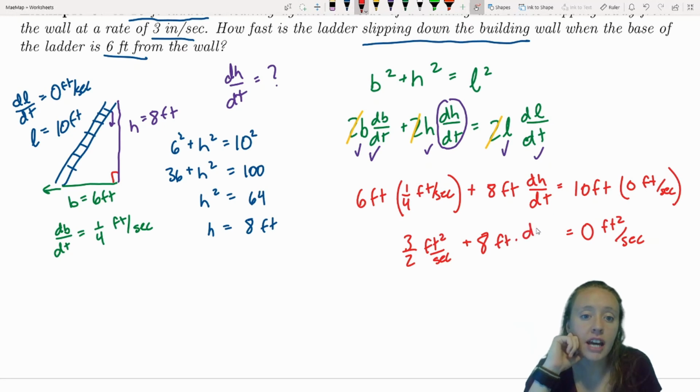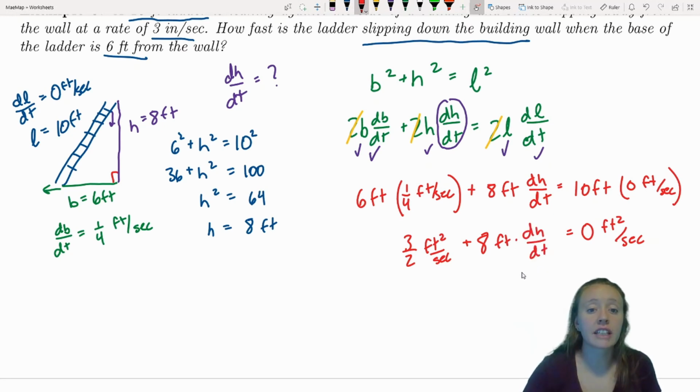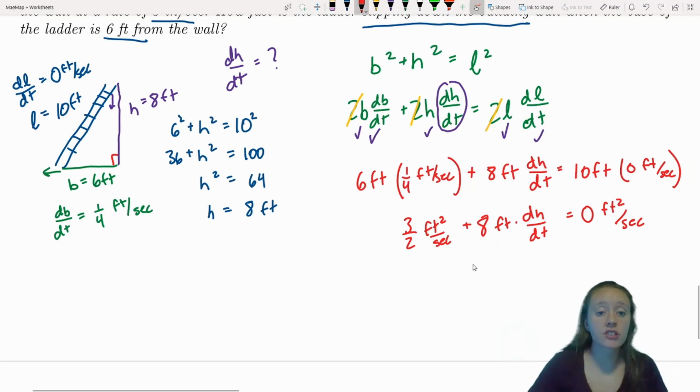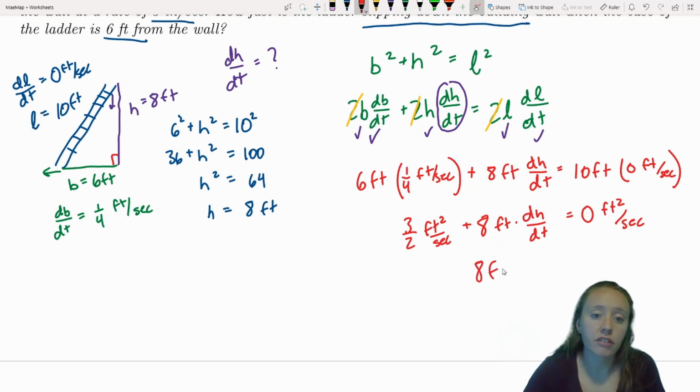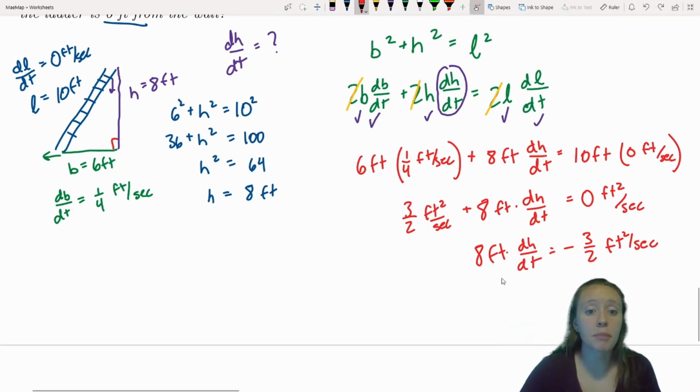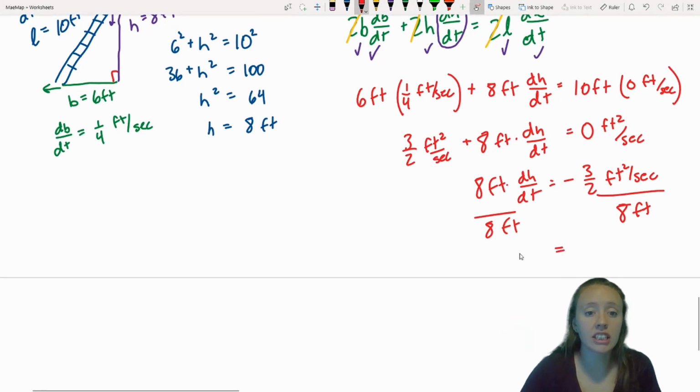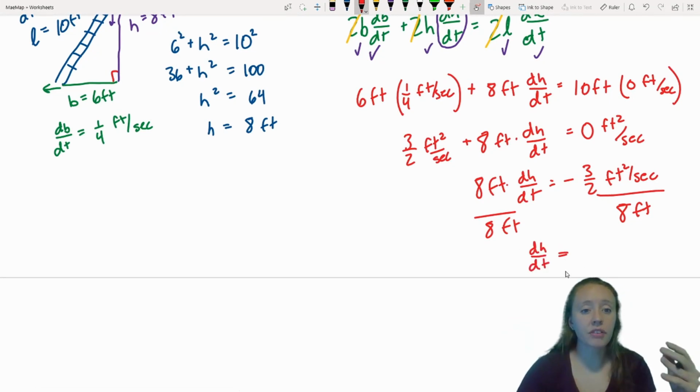feet times dh/dt. I need to solve for dh/dt, so I'll subtract 3/2 to the other side, so I'll get that 8 feet times dh/dt is equal to a negative 3/2 feet squared per second, and then I divide everything by my 8 feet, and when I divide everything by that 8 feet, I'm going to be left with dh/dt is equal to negative 3/2 divided by 8, which is a negative 3/16 feet squared per second divided by feet per second.